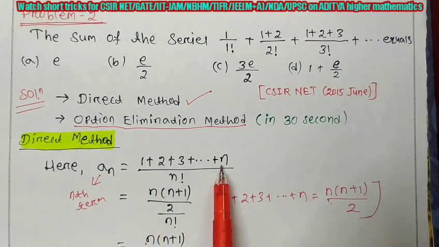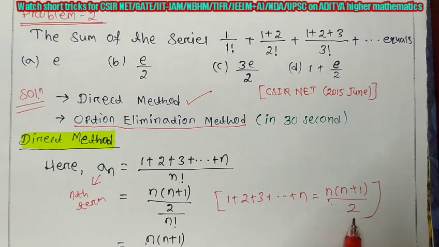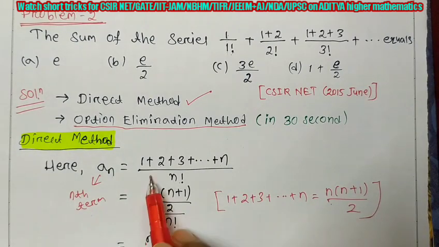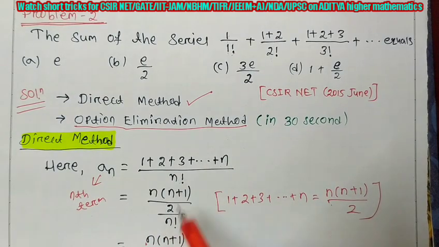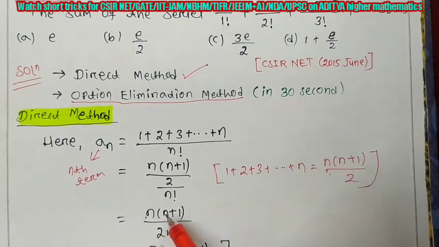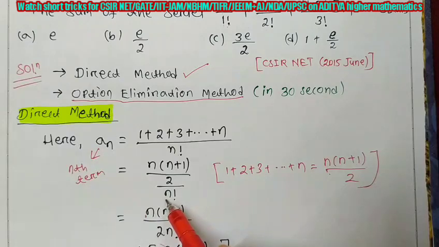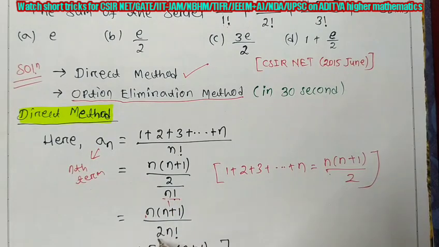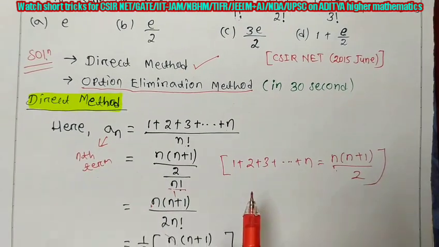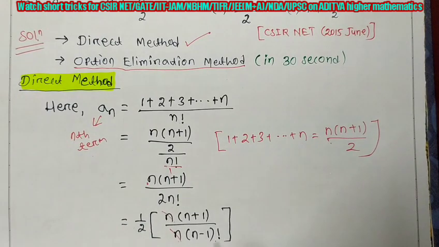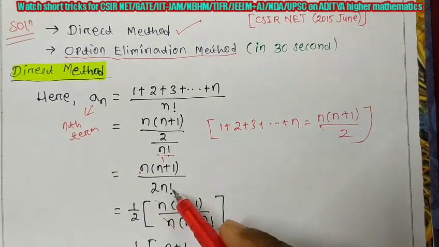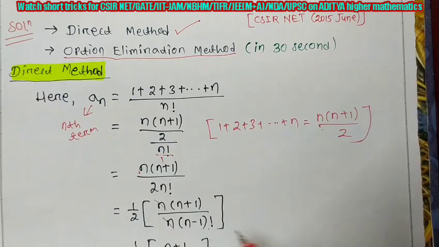And 1 plus 2 plus 3 plus up to n, the sum you know, which is n into n plus 1 by 2. That one I am using in place of 1 plus 2 plus 3 up to n, and the denominator is n factorial. So in the denominator we will get 2 times n factorial. After that, we are writing n factorial in terms of n into n minus 1 factorial.